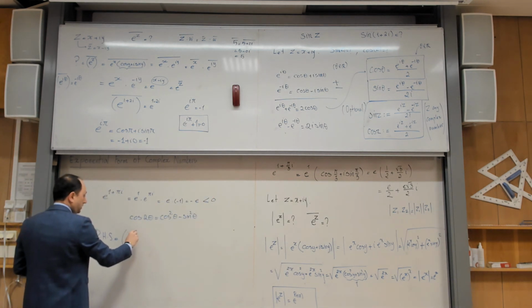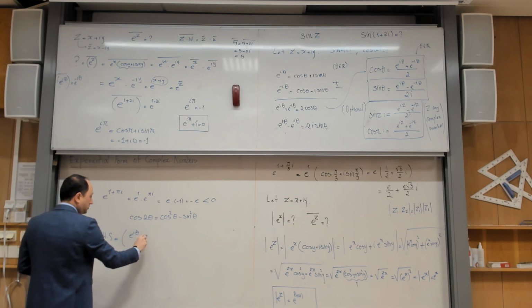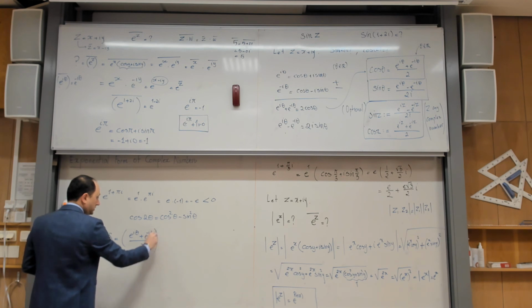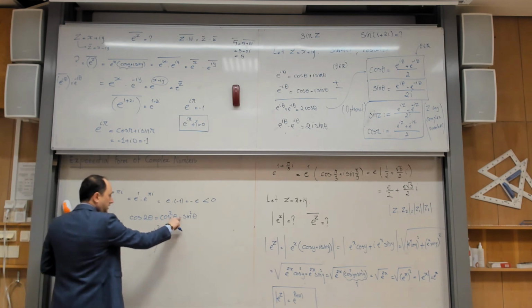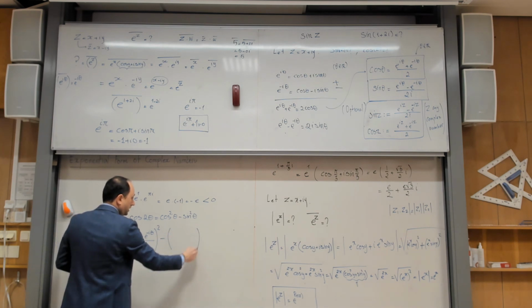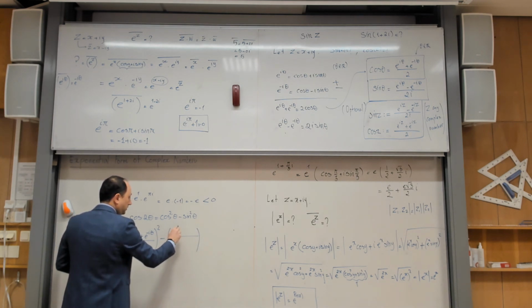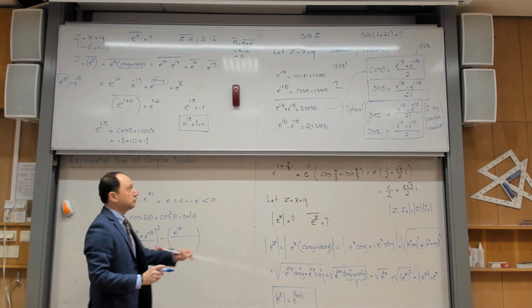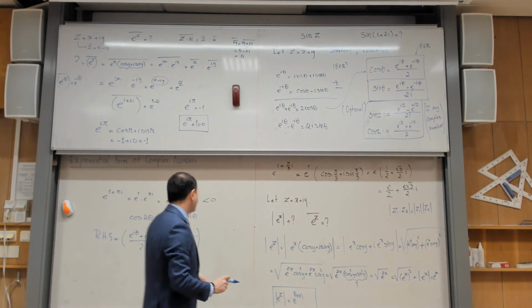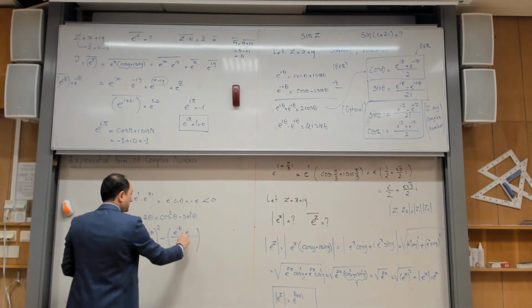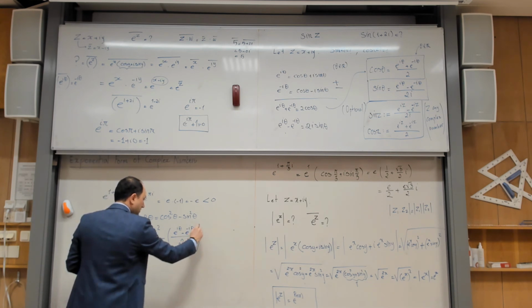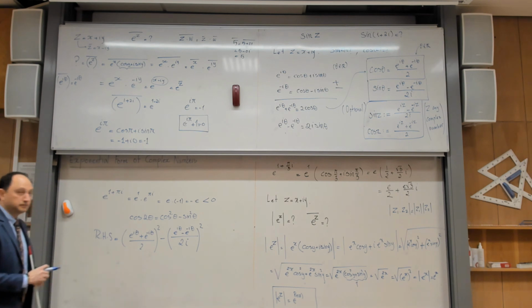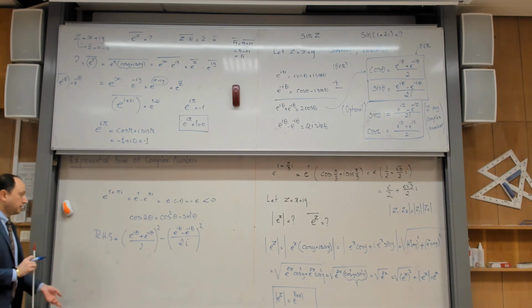It becomes e to the power i theta plus e to the power minus i theta divided by 2, totally squared. And then I have a negative sign, and instead of sine theta, I would write the second formula here. So it's e to the power of i theta minus e to the power of minus i theta divided by 2i, squared. And let us simplify this.